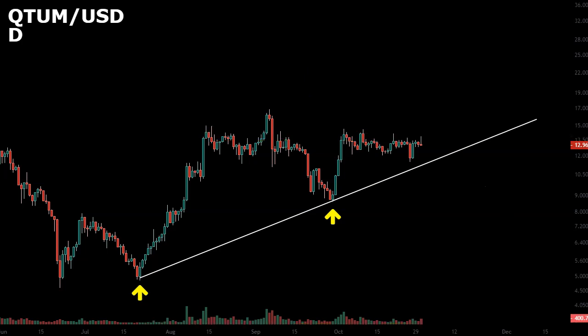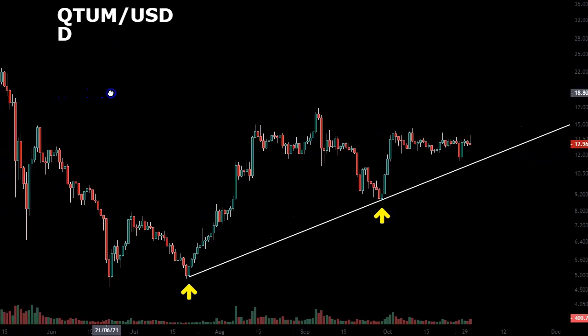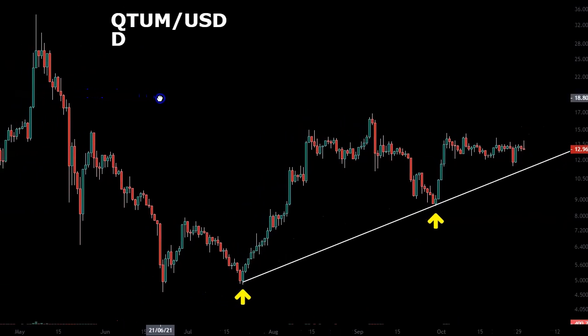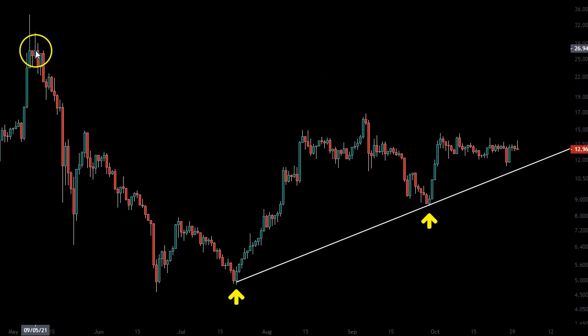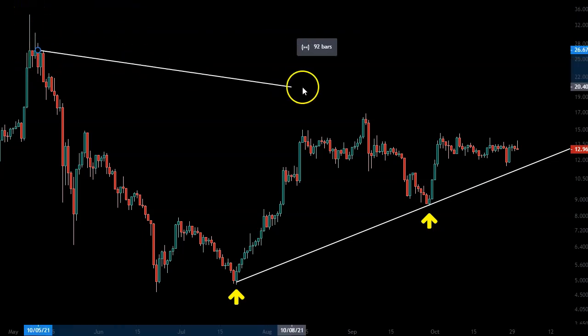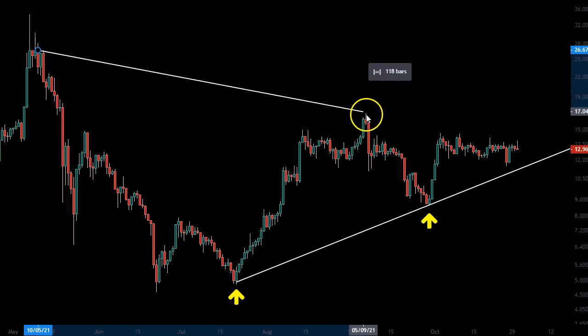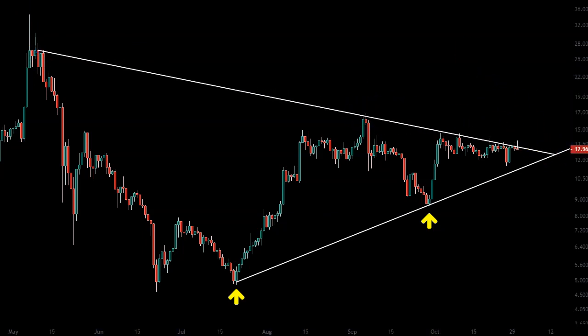Now I will remove everything but the support of this triangle and show you even bigger stuff happening right now regarding some triangles. If we connect this ultimate high of May from QTUM, we will use only the bodies, but the wicks at some point came all the way to $34. So let's connect that point with this point of September and even more significant results we are getting. You can see that we are living inside of this massive symmetrical triangle.